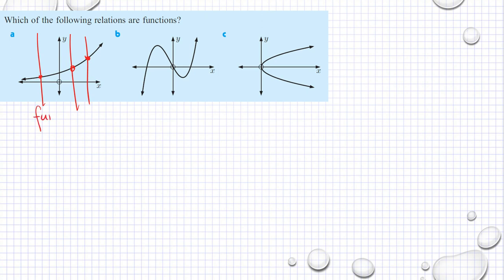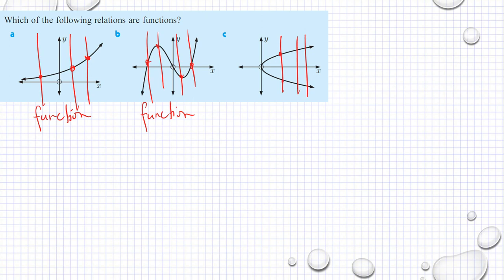This is a function. This is an exponential function. Okay, if I do this also, then I only cross the graph at one point, then this is also a function. It is a polynomial function of the 3rd degree.